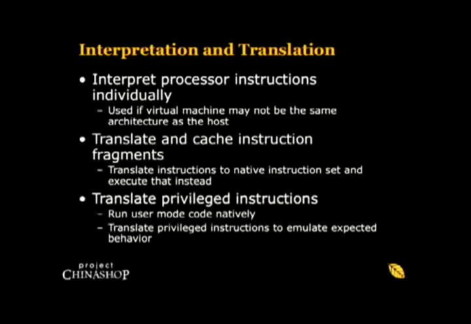So we have things like PowerPC, Virtual PC for PowerPC. The earliest versions interpret processor instructions individually, and it's basically just one big emulator. It's kind of lightweight virtualization. It's slow.